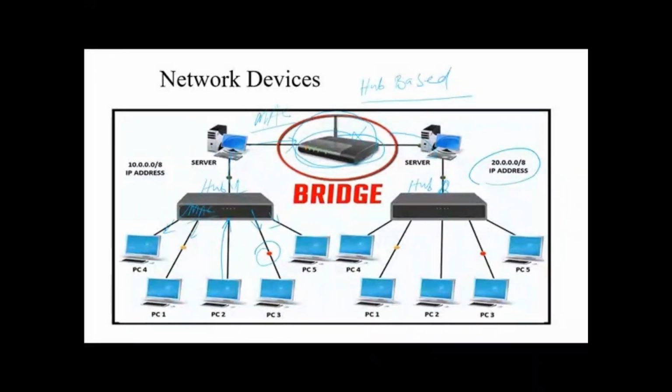Once it sees that the device the data is requesting to be sent to is connected on this side, it will tell the data that your destination is on this side, move back, you cannot move in this direction. Nowadays we are using network switches, and the bridge is no longer used, but sometimes it was used with a hub based network.